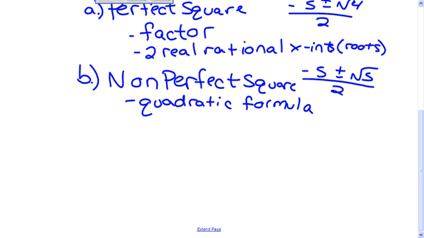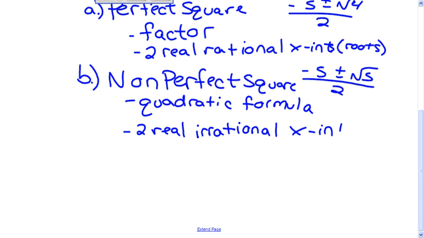And in this case, you're going to get 2 real, they're still real, but they're going to be irrational roots, also known as x-intercepts.